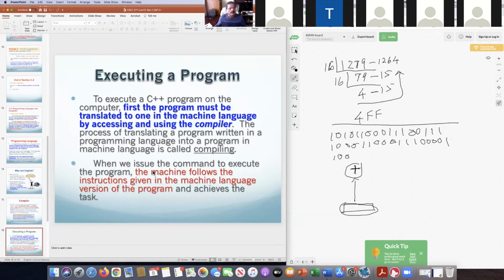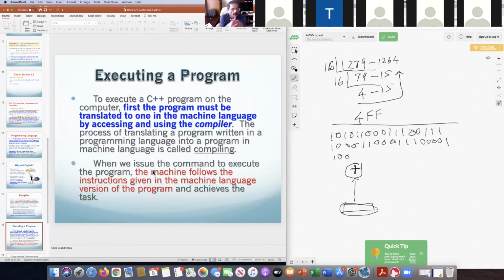Okay, so executing a program. When you want to write your program and execute it, you first have to write the program on paper. It's always recommended that you write it on paper first. And when you're satisfied with your writing, you go ahead and type it using any editor.